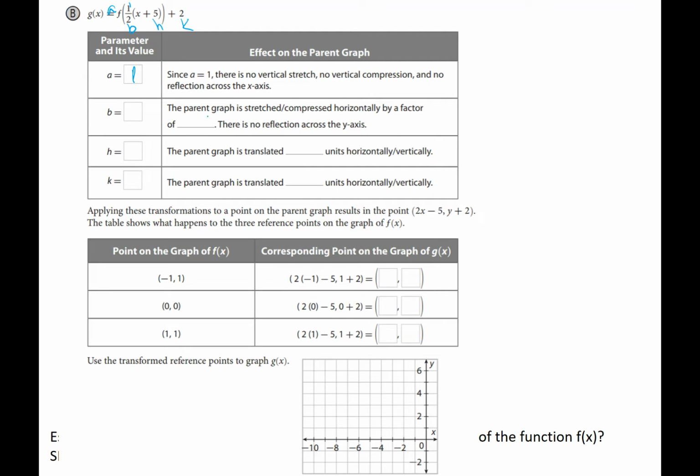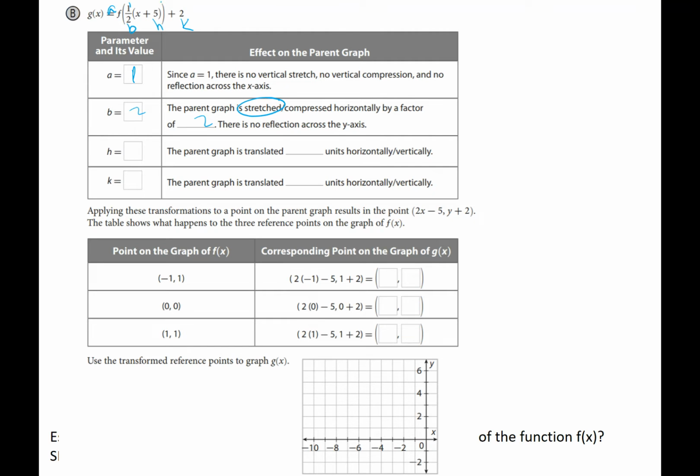The parent graph, so we have to talk about it being stretched or compressed. Because our B value is 2, that would mean, so it's bigger than 1, so it's actually stretched horizontally by a factor of 2. There's no negative in front of it, so there's no reflection across the y-axis.